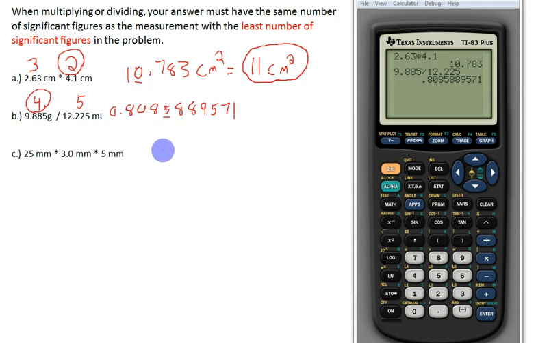That's the 4th number, so we are going to look at the one right after the 8, and that's going to tell us how to round this. Well, it's an 8. 8 means to round up, so the answer that we would report for B would be 0.808, rounding up, 6. Must include our units. That's grams slash milliliters. Grams per milliliter. That's a unit of density.